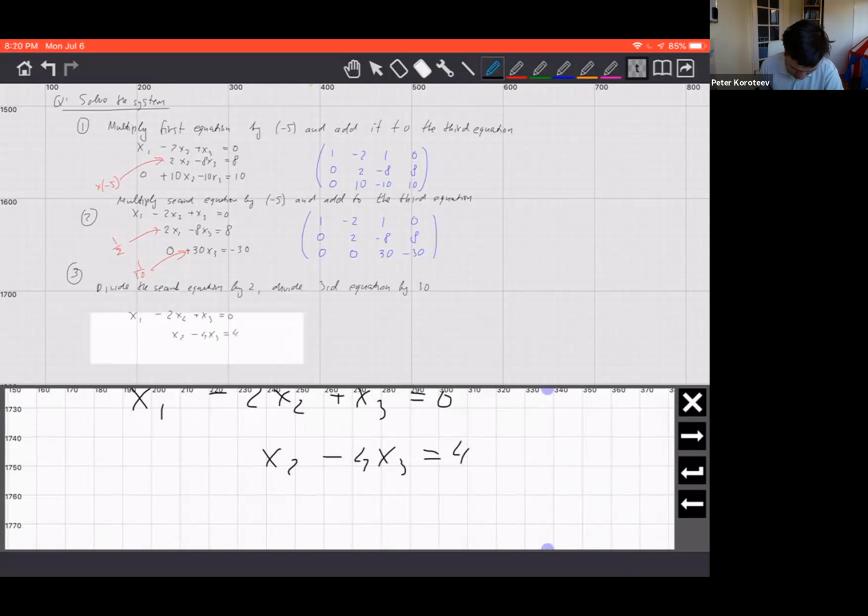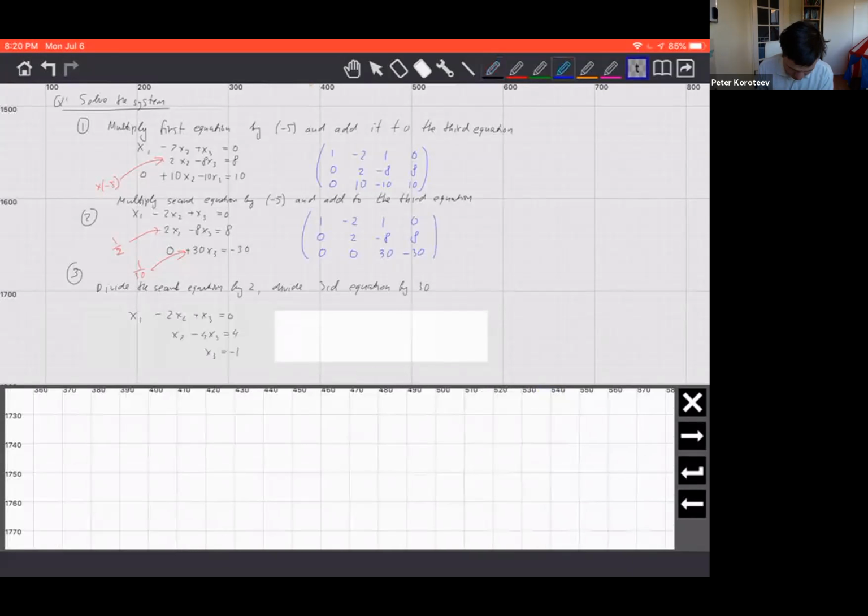And finally, we have x3 is equal to -1. So you can see that essentially we have found the solution for x3. So that gives us the augmented matrix 1, -2, 1, 0; 0, 1, -4, 4; 0, 0, 1, -1.